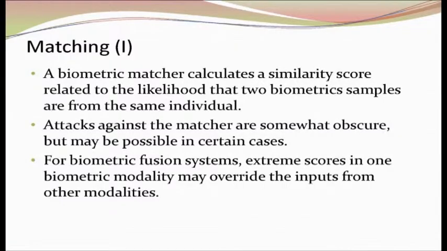So, what does a biometric matcher do? Given the two templates, it matches and tells you, okay, this is the matching score. Now, an attack can be done there itself, right. What is that attack? Even though the matching score is high, forcibly by introducing some method, I can make it low, right.